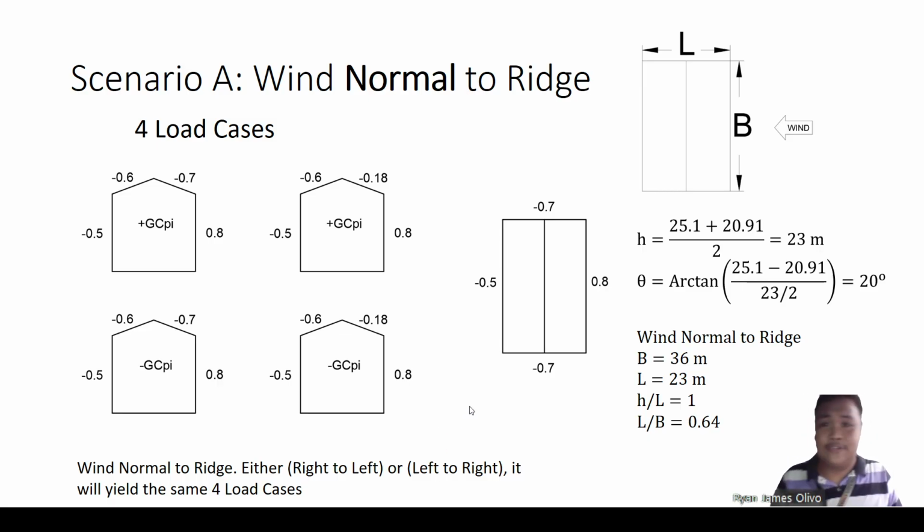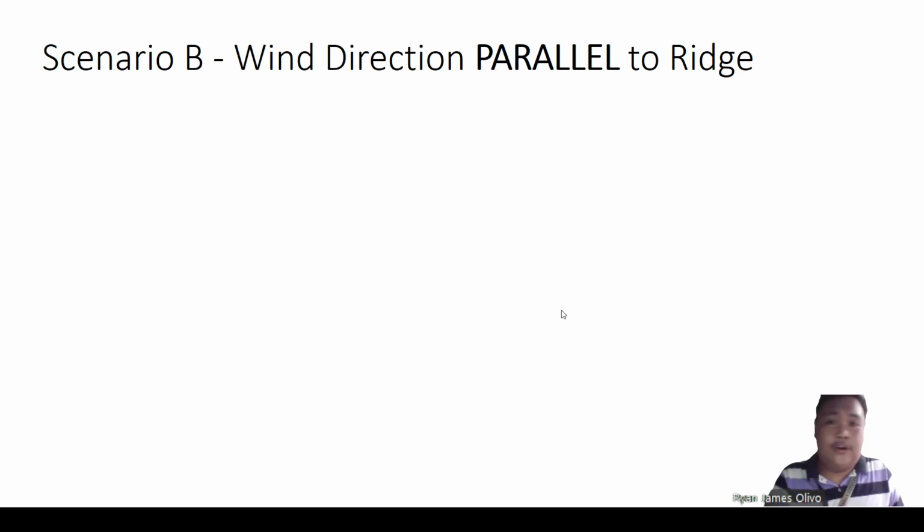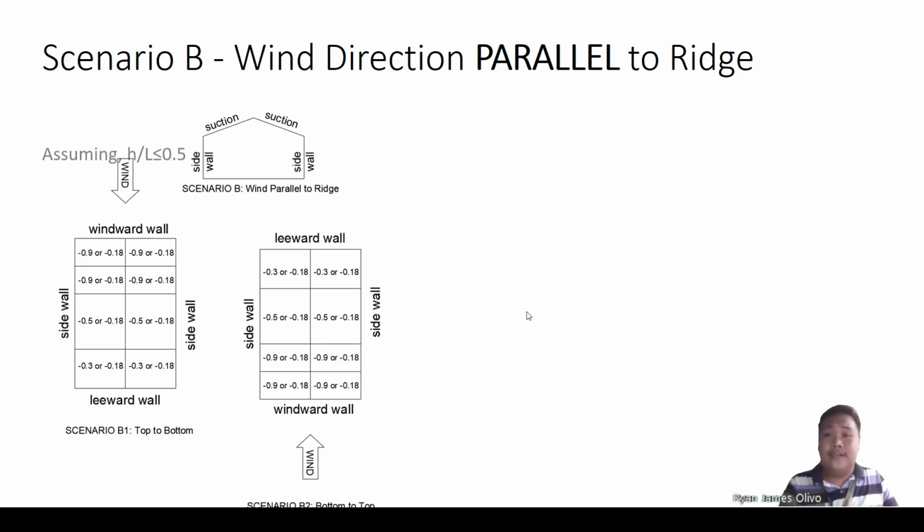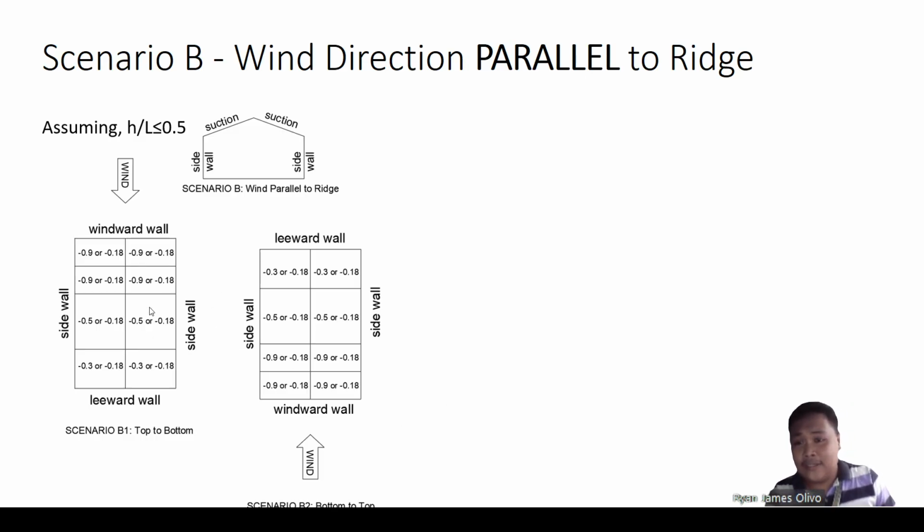But anyway, let's continue. Let's discuss this again for the parallel. So we have finished the wind direction normal to the ridge. As you can see here, instead of doing this, we have distributed loading. Why not?